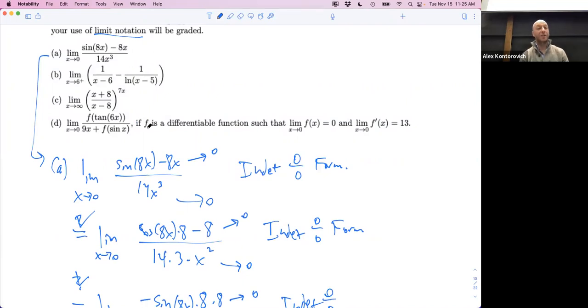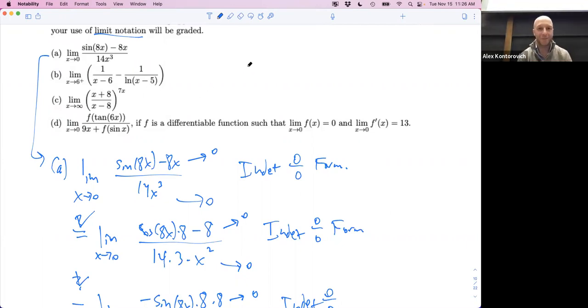Look, if the function is differentiable, what happens as x goes to 0? This is giving me tan of 0, which is 0, so I get f of 0. That's going to 0 on top. How about on the bottom? Again, f of 0 times 9x, that's 0. So 0 over 0. Let me write it out. Let's do number D. How would you do this? Yeah, you take logs, you work out what the limit is, and after that, you raise e to the power of whatever limit you got.